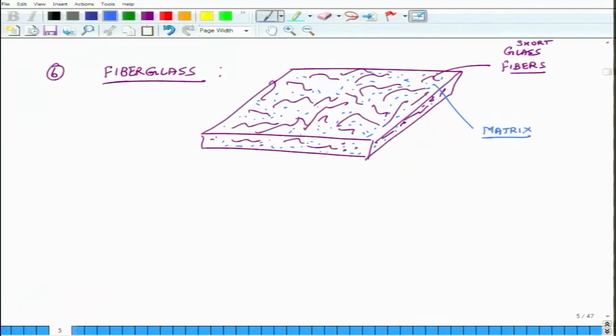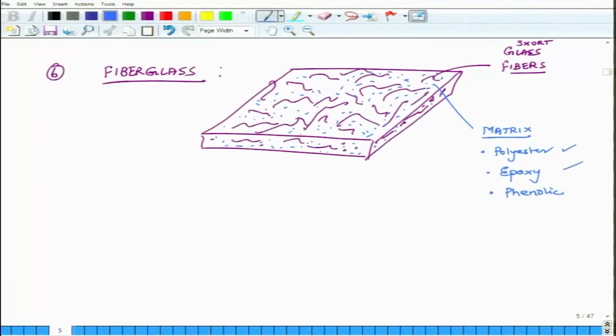and this matrix could be of different types. Some possibilities could be polyester, or it could be some epoxy, or even some phenolic. There are other options also, but typical materials are polyester and epoxy.